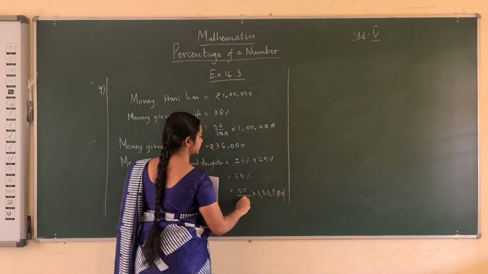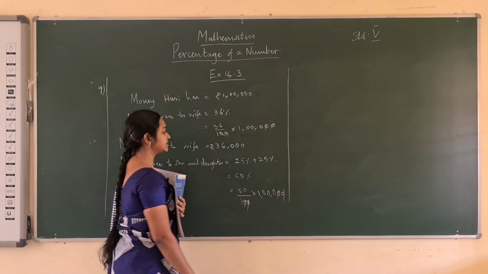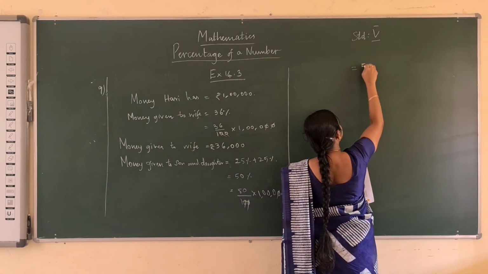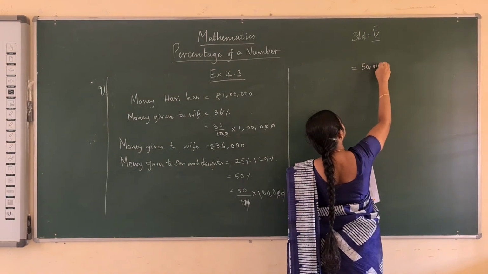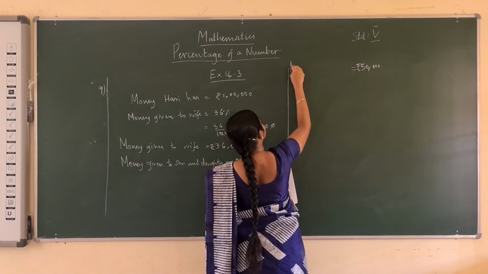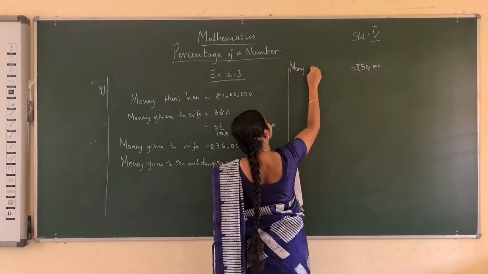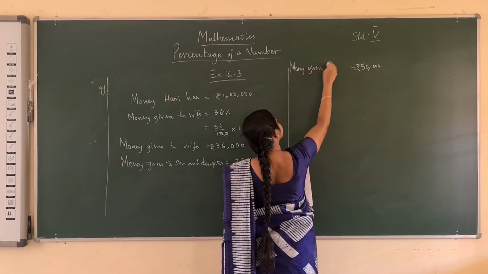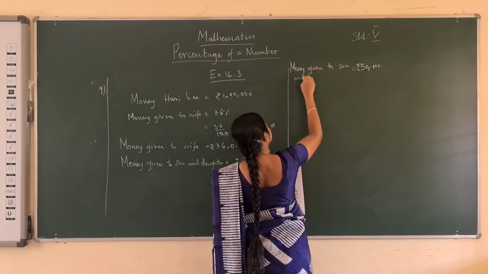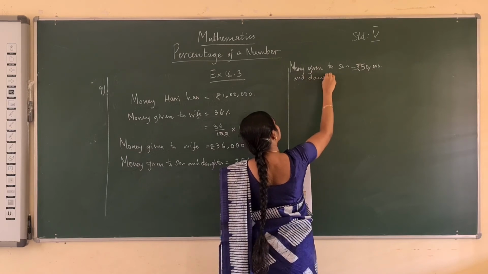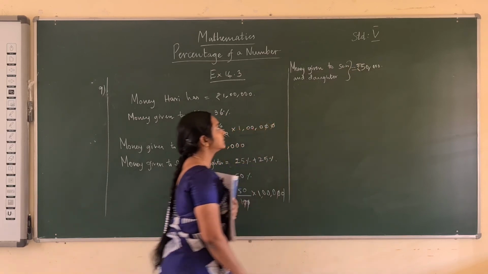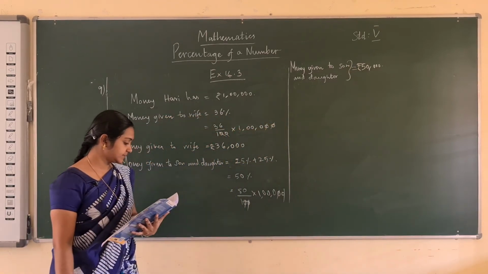So simplify the zeros, and we multiply 50 and 1000. 50 into 1000 is 50,000. So money given to son and daughter is 50,000.